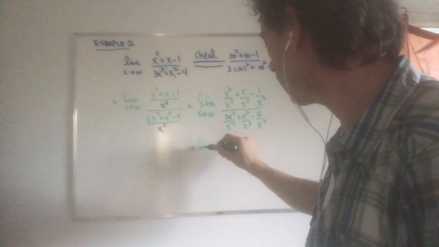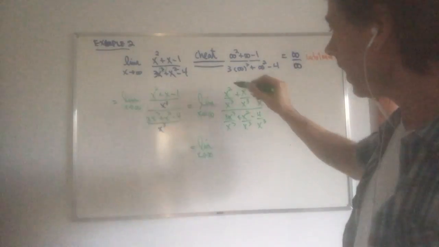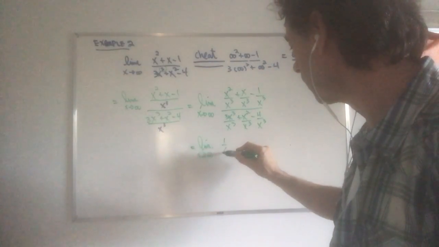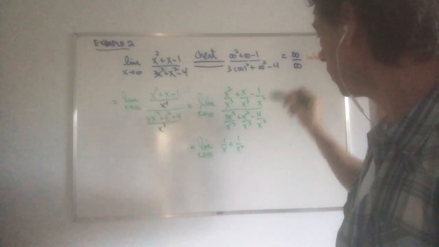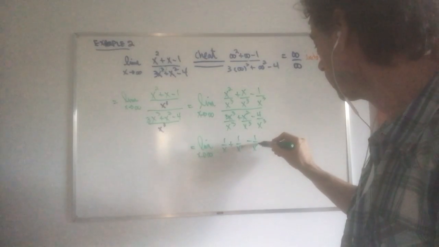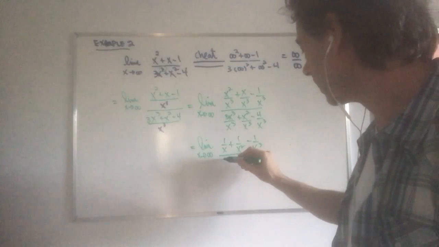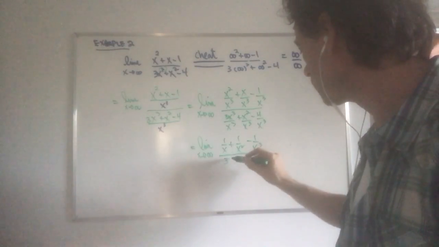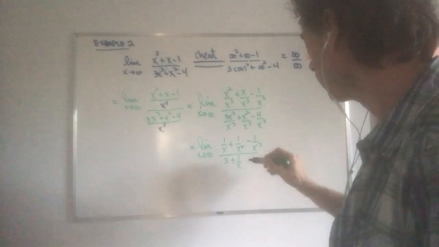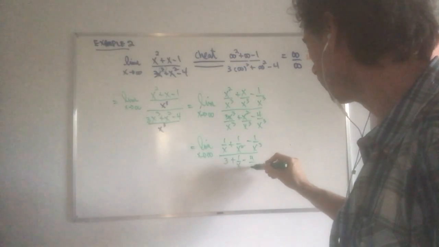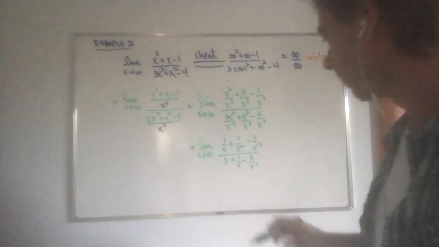I'm going to see if I can cancel some of these expressions. x squared over x cubed, x over x cubed. That last one does not cancel. 3x cubed over x cubed is 3. x squared over x cubed is 1 over x. And minus 4 over x cubed stays what it was.